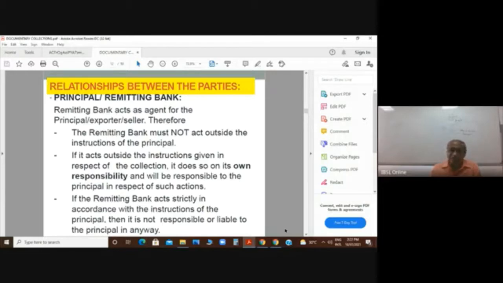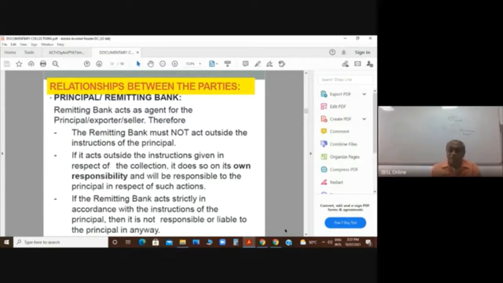If the principal says, deliver the documents against payment, DP, and you deliver the documents after accepting the draft, that means you have violated the instructions given by the principal.